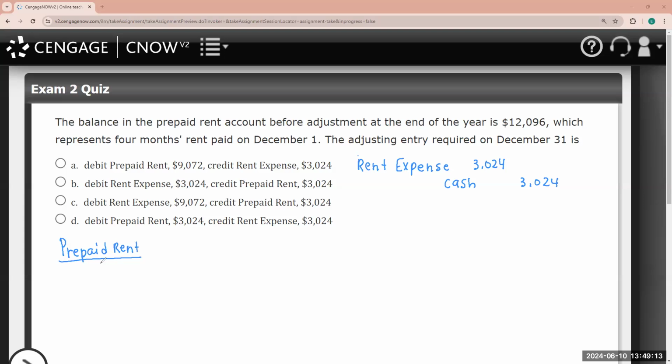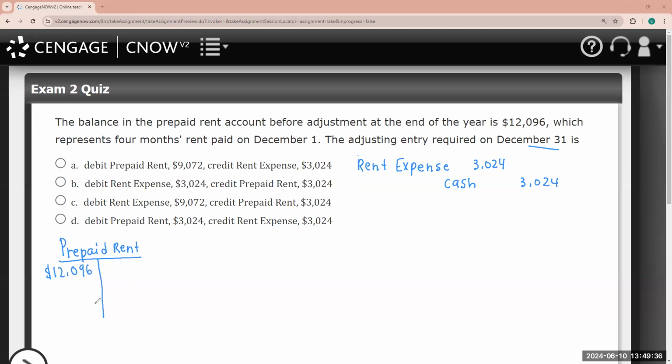We have a debit balance because all assets are increased on the debit side. So we have a balance of $12,096, and this is as of December 1st. And now the question is asking us as of December 31st. So we essentially know that 1 month's time has elapsed.